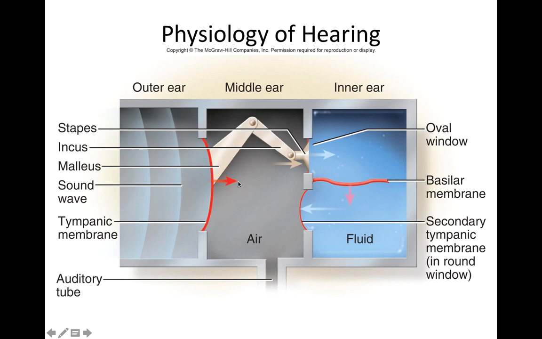It's going to begin to vibrate. It's going to push into the middle ear, which is going to vibrate the malleus, the incus, and finally the stapes. When the stapes begins to vibrate on the oval window, it is going to push in on that fluid-filled chamber, the scala vestibuli. So just picture taking your hand and smacking the surface of water. You're going to create waves.